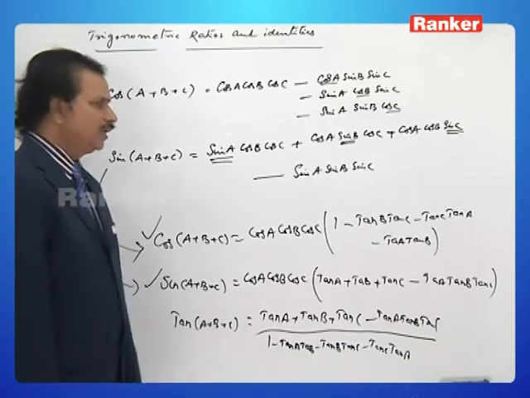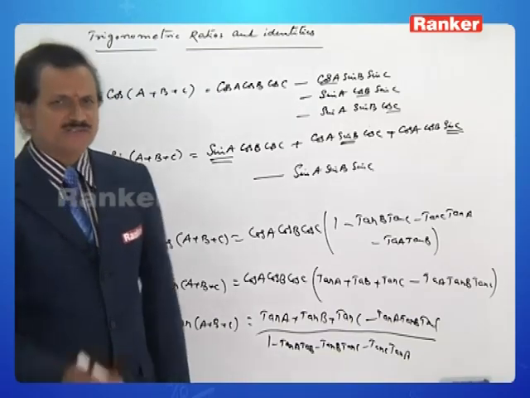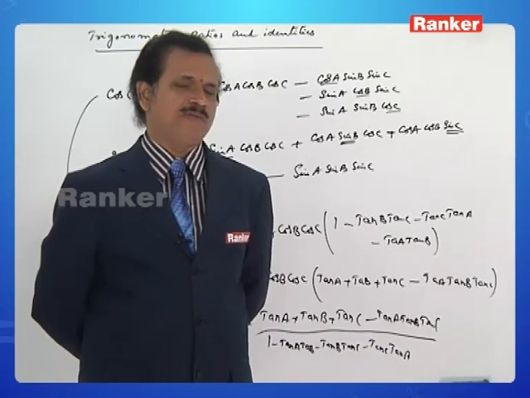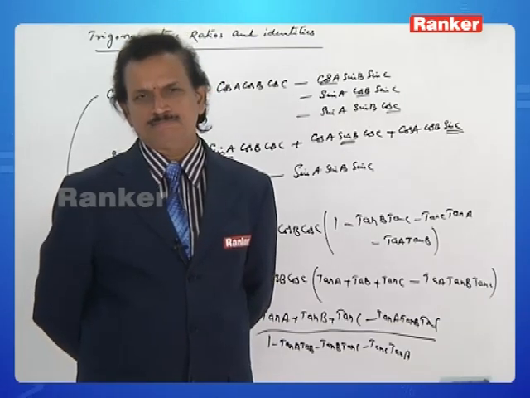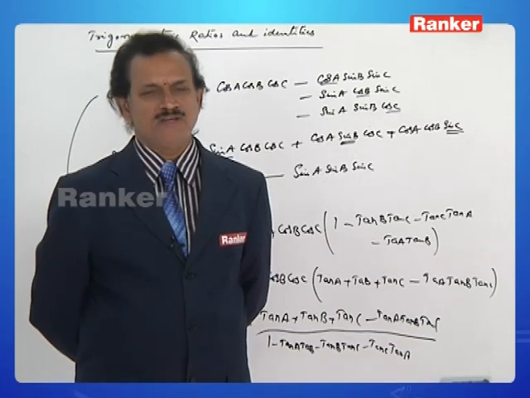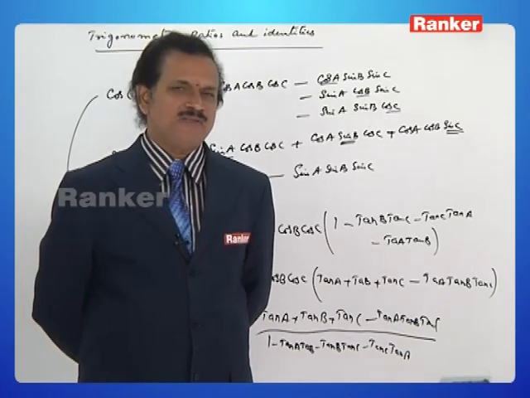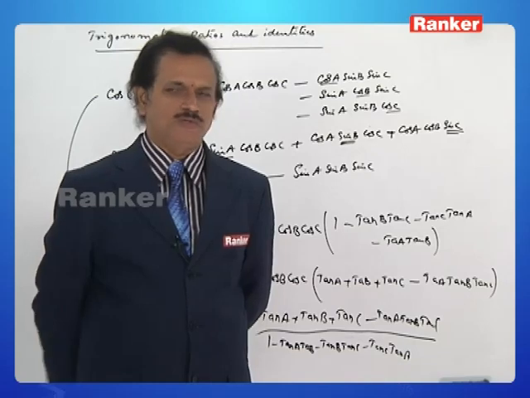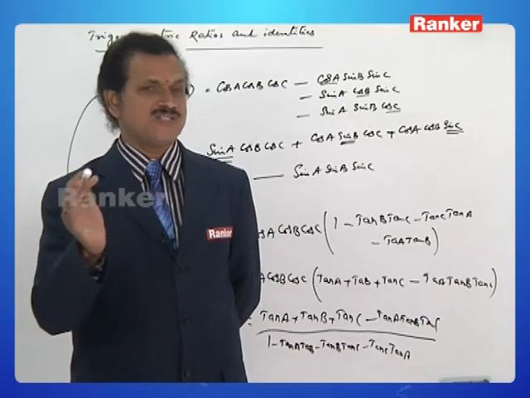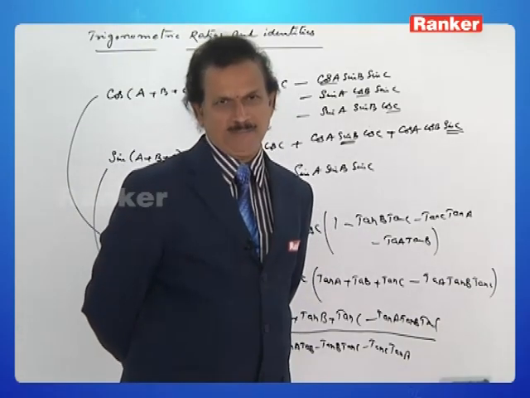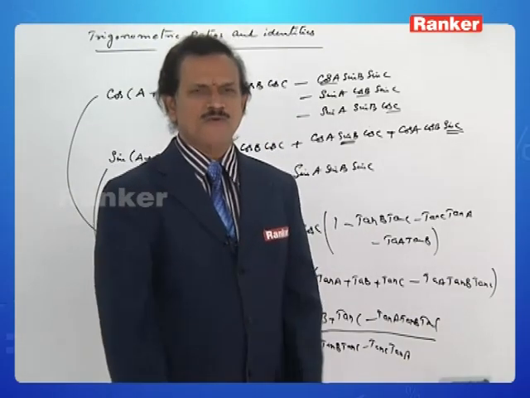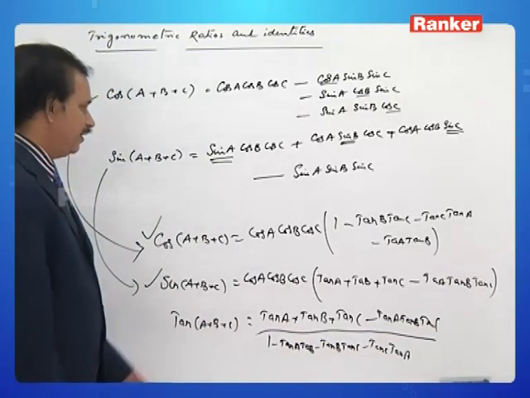You can remember even sine of A plus B could also be written as cos A cos B into tan A plus tan B, isn't it? Even in cos of A plus B you could have taken cos A cos B out to write in terms of tan A and tan B. The similar thing could be repeated here also.